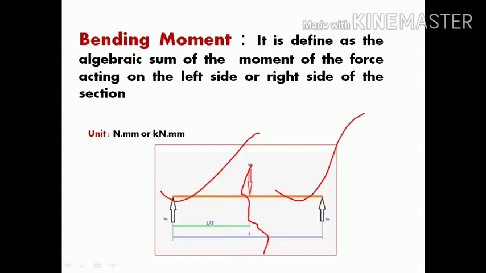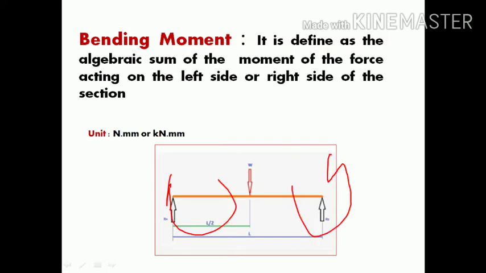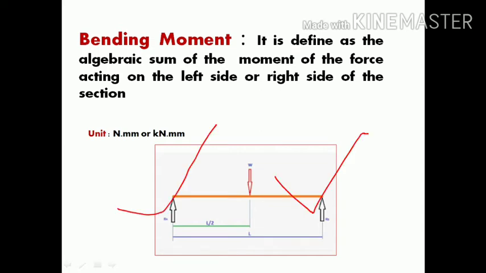Suppose you take a moment about point A, it is a clockwise movement. And if I take a moment about point B, it is an anti-clockwise movement. This is the algebraic sum of the moments on either the left hand side or right hand side of the section of the beam. Then what is the unit of bending moment? The unit of bending moment is newton meter or kilonewton meter.